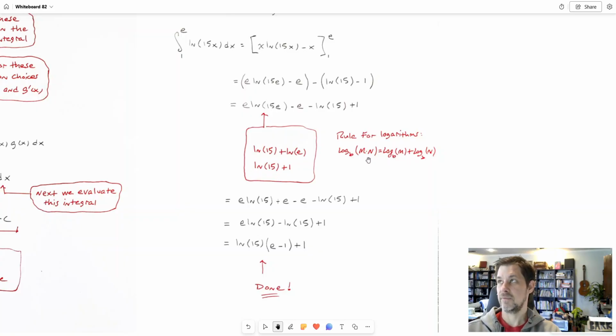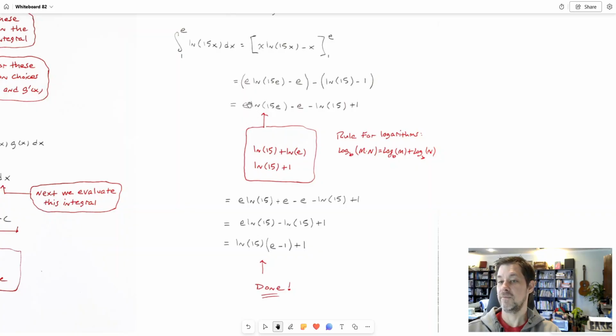So I could say for logarithms, multiplication in here amounts to addition out there. So natural log 15e, 15 times e, is natural log 15 plus natural log of e, but natural log of e is 1. So this is e times natural log 15 plus 1.